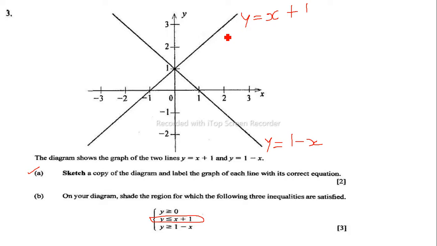Alright, let me know when I can move it. So you could have put y equals x plus 1 on the next side as well.